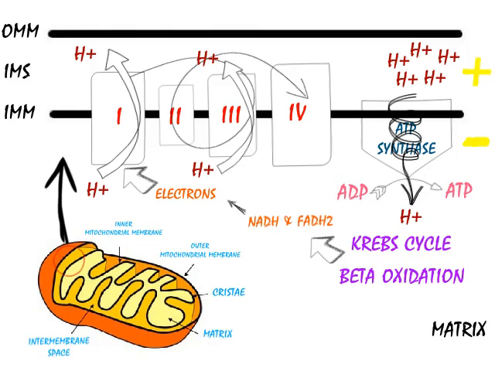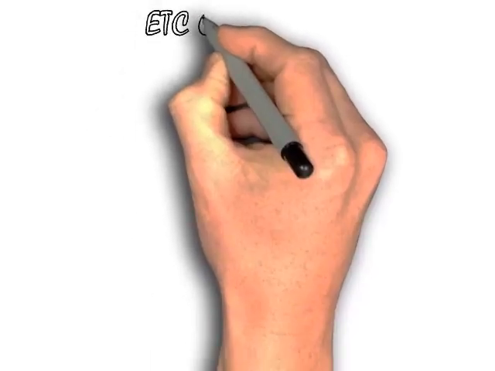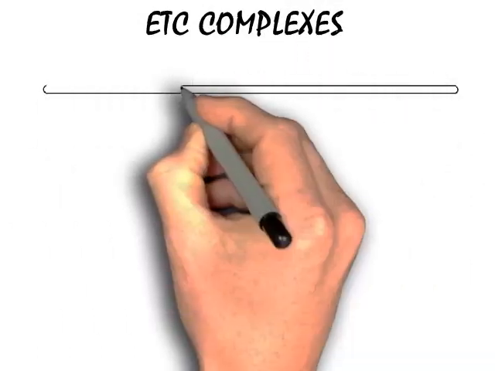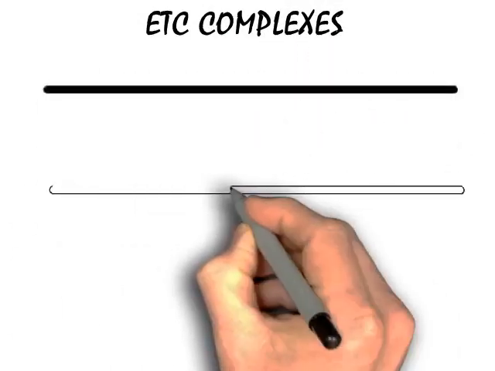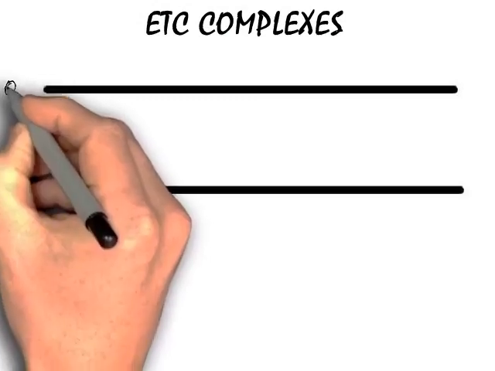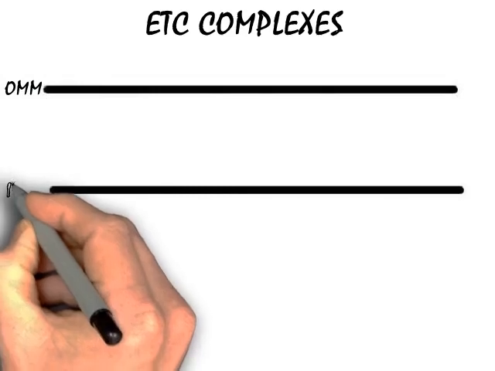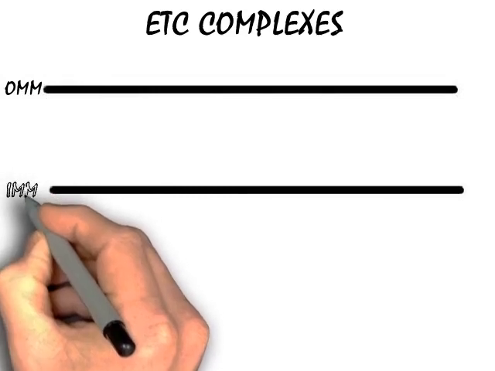Now let's talk about the different complexes of electron transport chain. As we all know, we have outer mitochondrial membrane, we have inner mitochondrial membrane, and in between them we have intermembrane space.